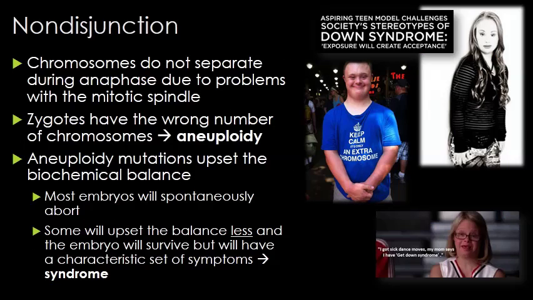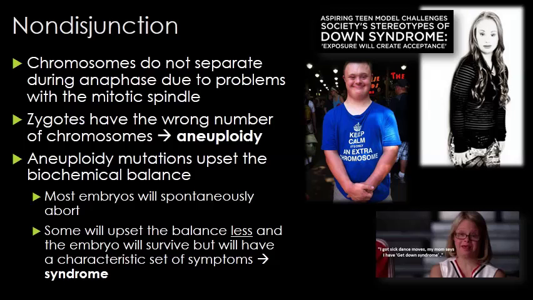Nondisjunction is probably the most common type of chromosomal abnormality, and what happens here is that the chromosomes don't separate properly. Traditionally, you should have 2 copies of every chromosome. You should be a diploid organism, but if you have the wrong number, you have what's called an aneuploidy mutation. Most of the time, this is going to upset the biochemical balance so much that the embryo will abort, and it leads to miscarriage.